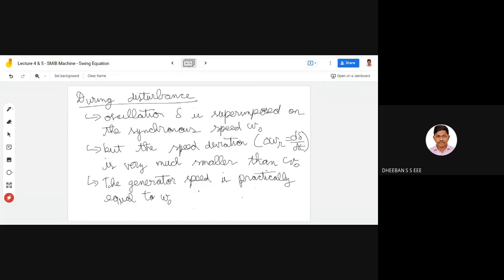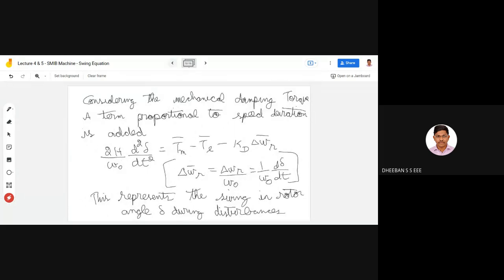That is, during disturbances, the oscillation del, that is the oscillation of the rotor angle, is superimposed on the synchronous speed omega naught. These are some of the key inferences we have to take, because here you can see your del is also related with your omega naught, particularly your second order del.